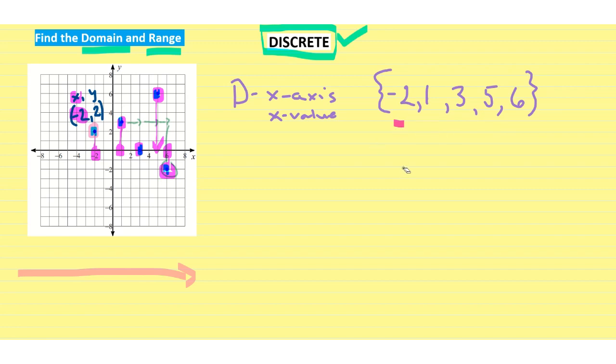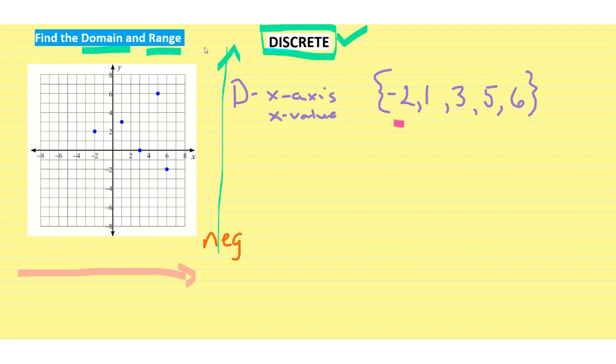Okay, so now let's think about these points in terms of the Y-axis. Let's go ahead and just erase all that stuff and think about it in terms of the Y-axis. Instead of going from left to right, we are actually going to go from bottom to top. So we're going to start with the negative numbers here at the bottom, and then we will go toward the positive numbers. We're going to start with the lowest point. The lowest point is right here.